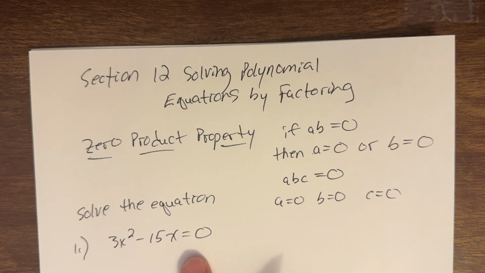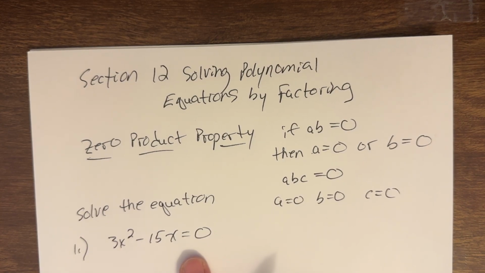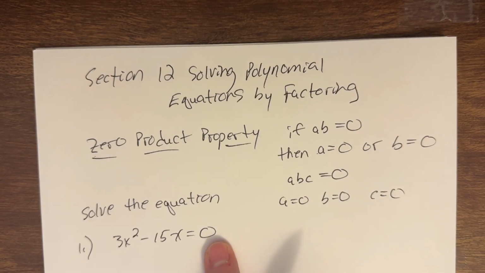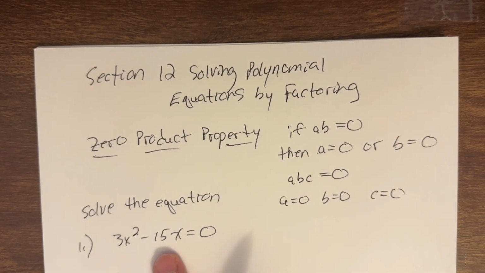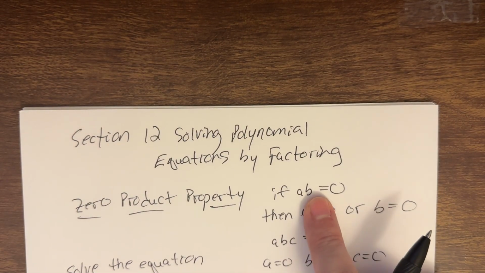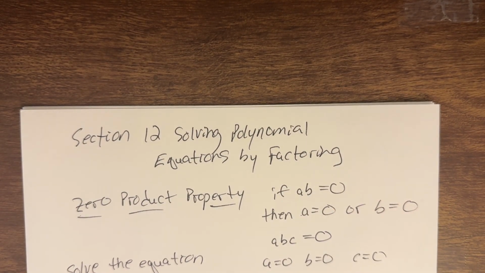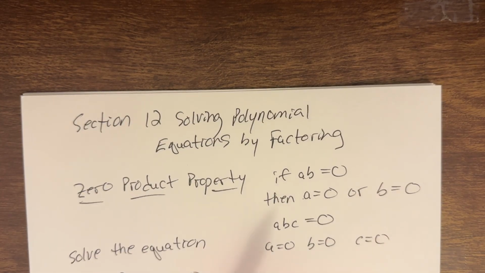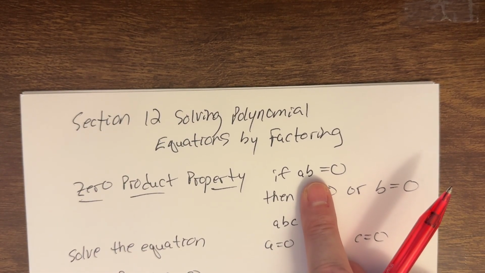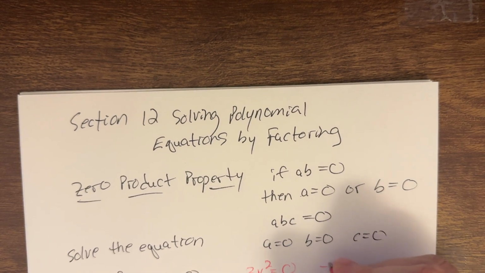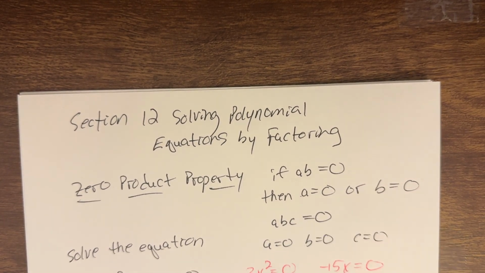Okay, what are we doing here? Well, this has the form that we're looking for. It is already set equal to 0, but over here, this is the first little misunderstanding. People just see 2 pieces here and set each piece equal to 0. So in this problem, not fully understanding what is being said here, they just start doing something like 3x squared equals 0, minus 15x equal to 0.